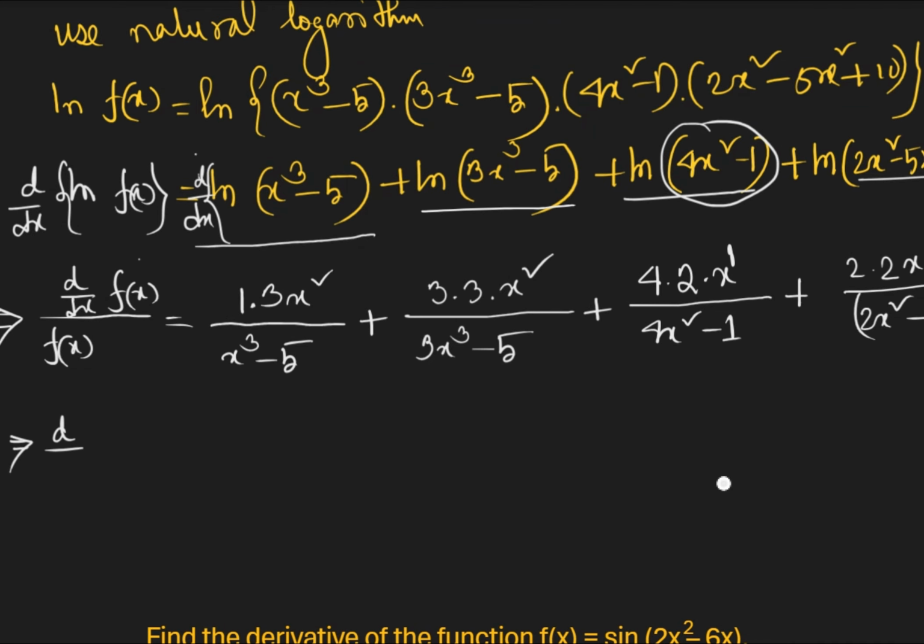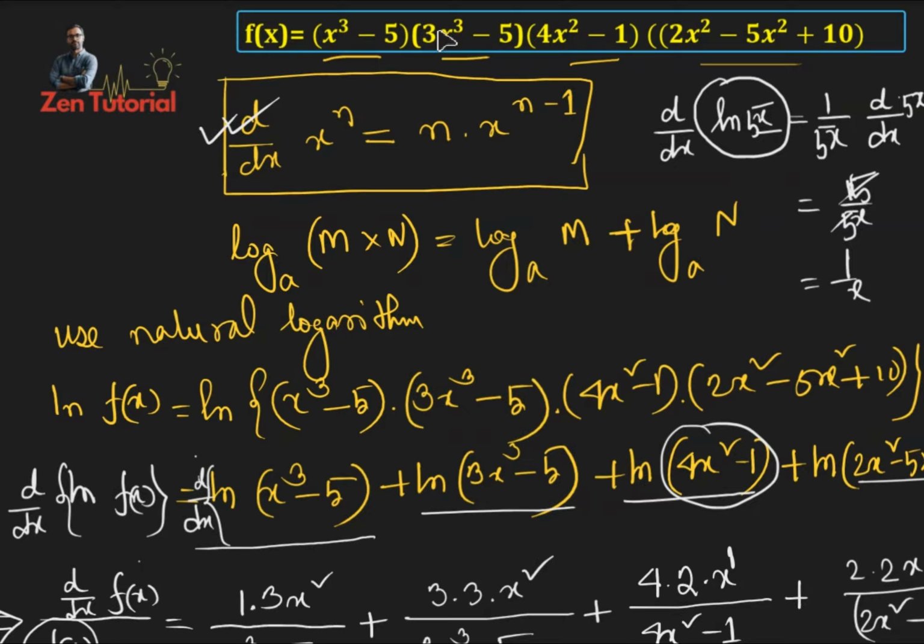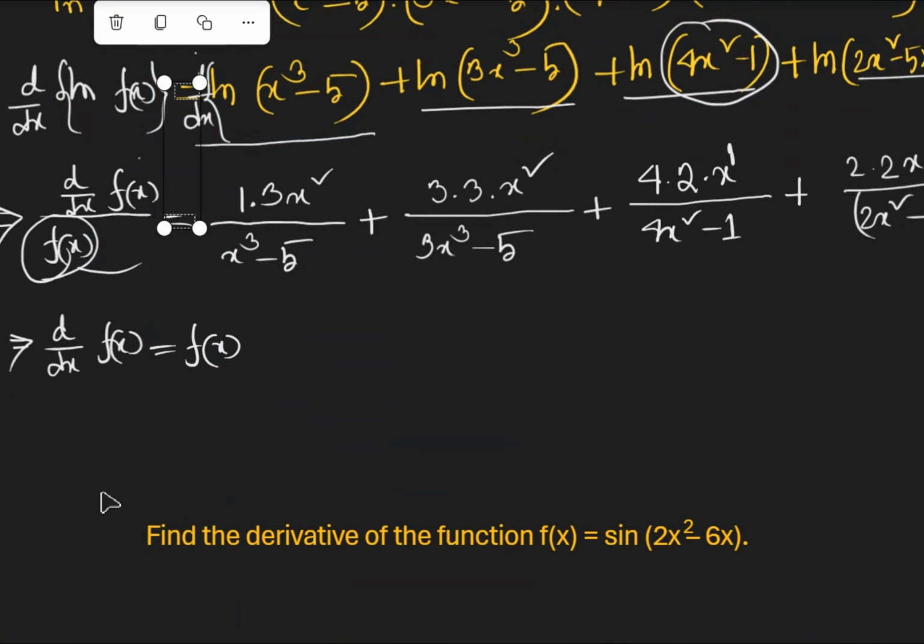Now if we simplify, d/dx of f of x, and this main function will transfer to the right side, so we can write f of x. Remember f of x means the multiplication of these four factors, so f of x equals this whole term, and we can use a box bracket here.